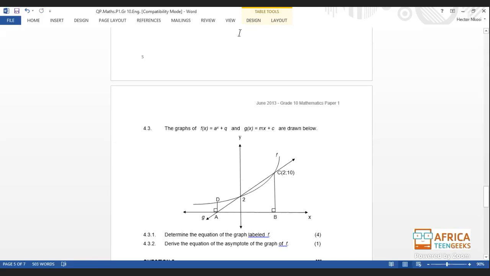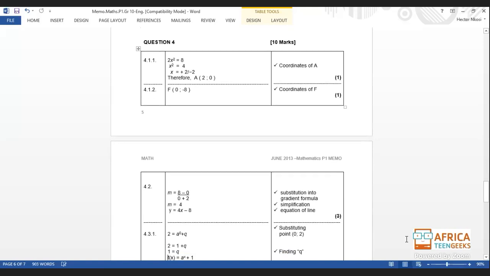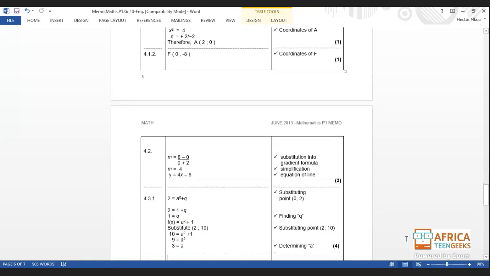If I were to take you to the solution, just hang on. All right. Okay, cool. So we know that we are going to substitute y and x, right? We chose the one coordinate, the one that said (0, 2).